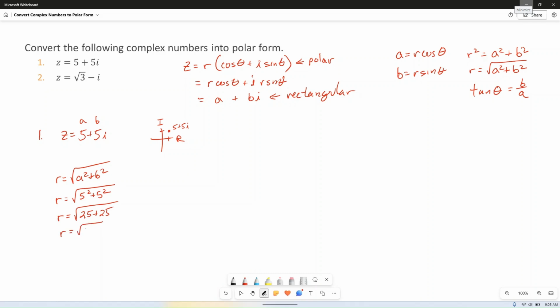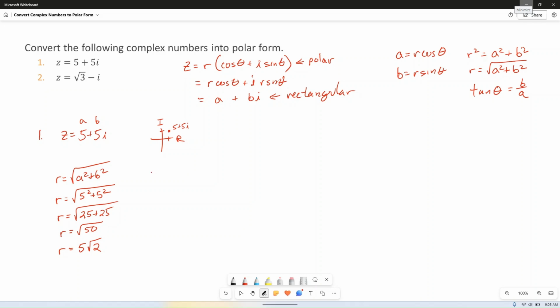So r is equal to the square root of 50. And we can actually simplify that down. 50 is a 25 times 2, and so that 25 comes out as a 5, and then we're left with the square root of 2. So r is equal to 5 times the square root of 2. And again, we'll always go with the positive radius here.